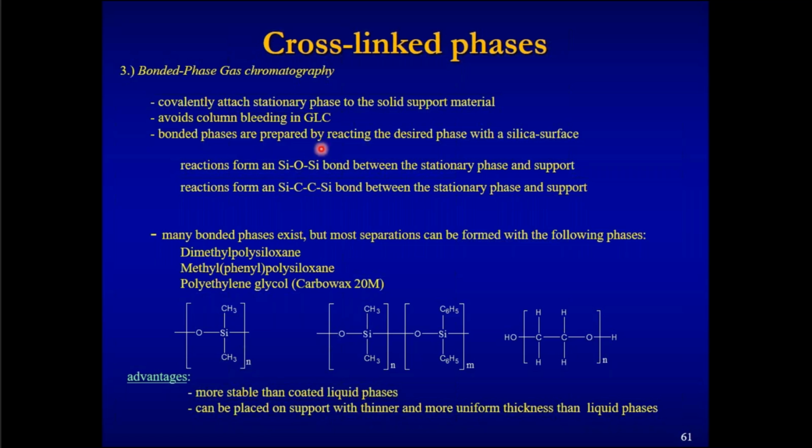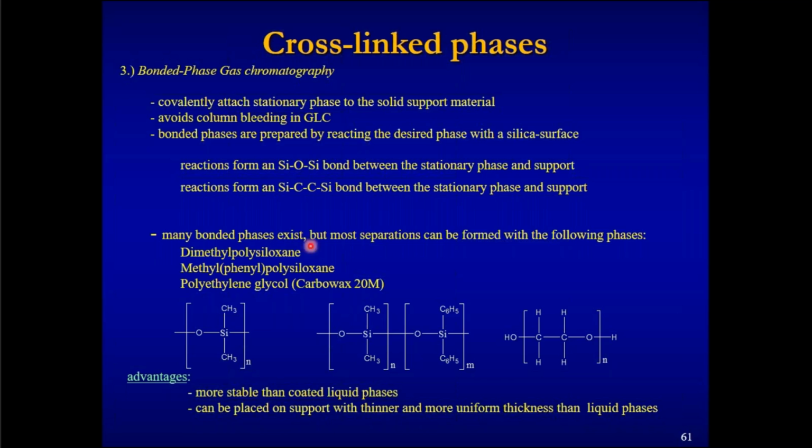Bonded phases are prepared by reacting the desired phase with a silica surface. So reactions form an Si-O-Si bond between the stationary phase and support, or reactions form an Si-C bond between the stationary phase and support. Any of these could happen. So you could have this or this.